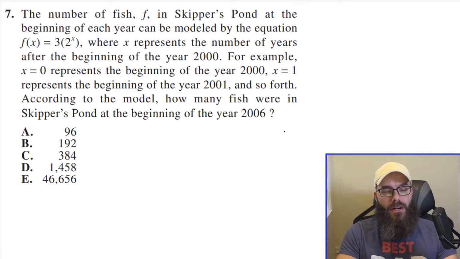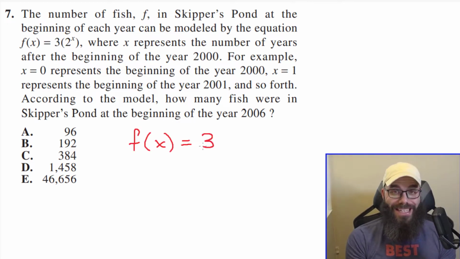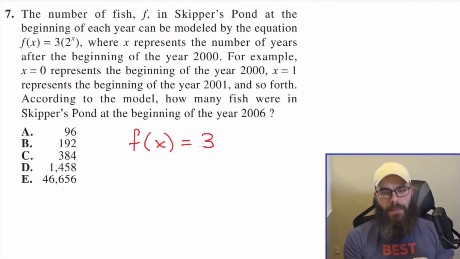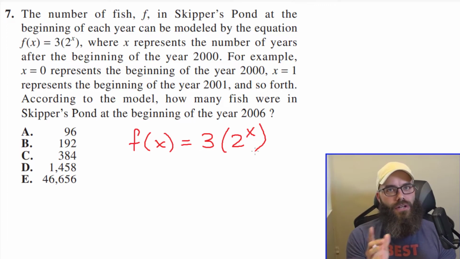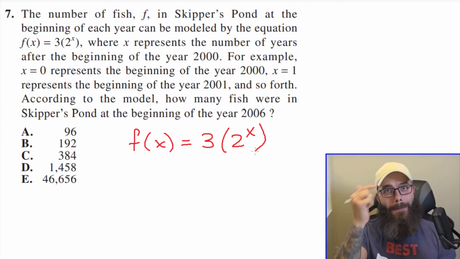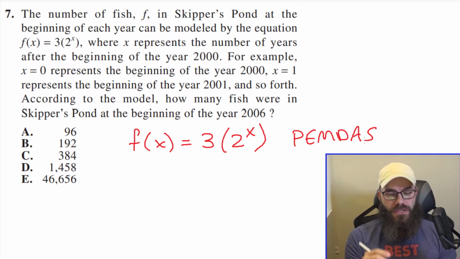All right, so let's look at our model. Let's just write it down. I like writing things down. F of x is equal to 3 times 2 to the x power. Be very careful here with your algebra. Remember PEMDAS. We talked about PEMDAS in the previous video, okay? Parentheses first and then exponents.